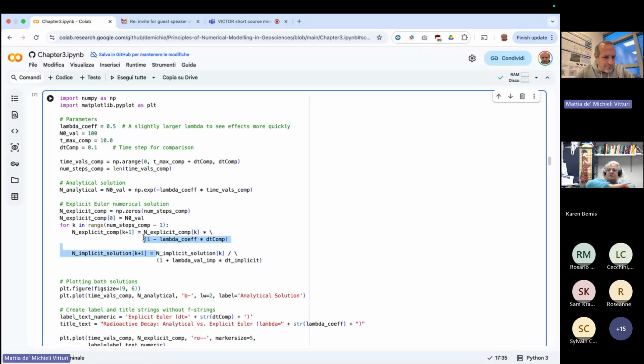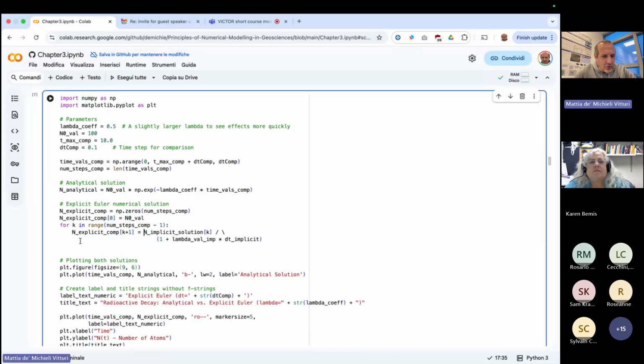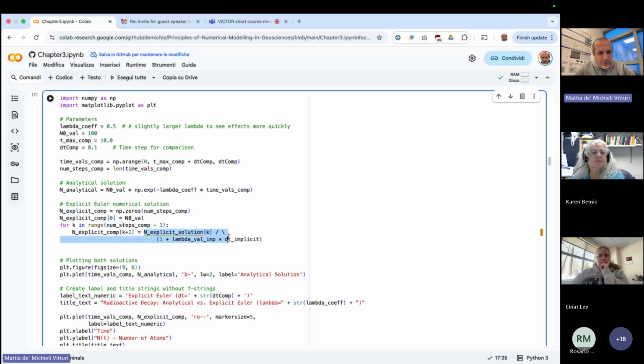So I will still call it explicit, but we are using the update formula for the implicit. And so let's see.